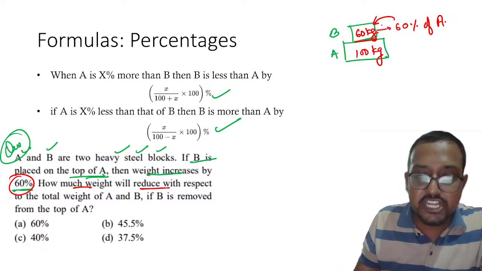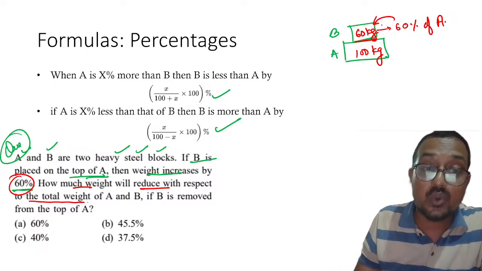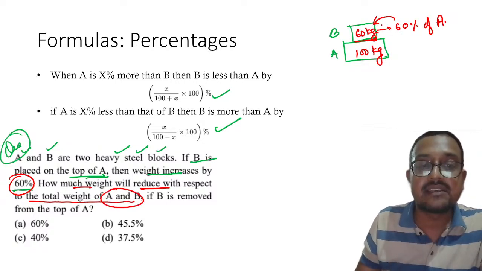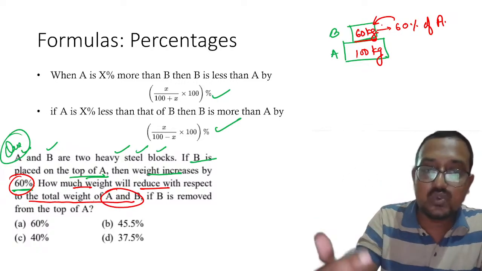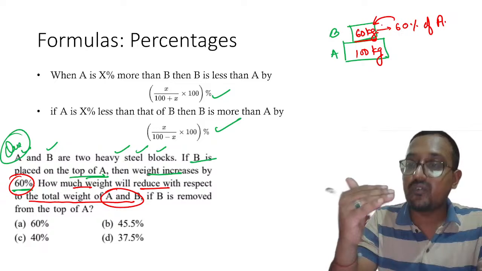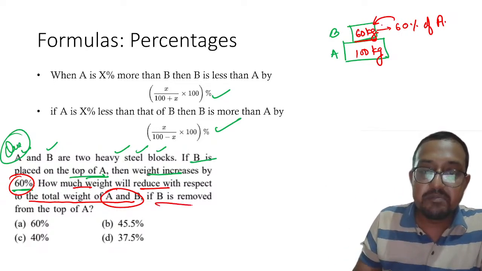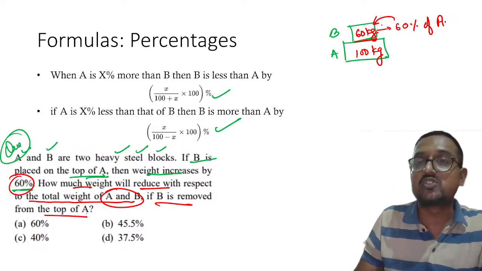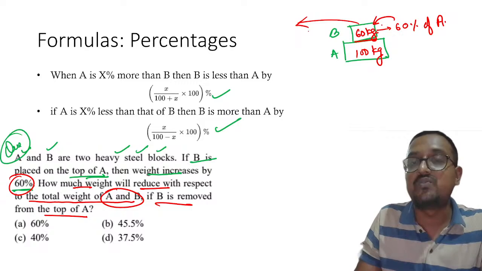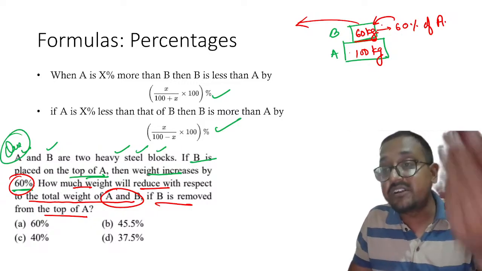How much weight will reduce with respect to the total weight of A and B? See, again base. How much weight will reduce with respect to total weight of A and B if B is removed from the top of A? So now what they are doing, B should be removed. Now tell me how much weight reduction will be there.